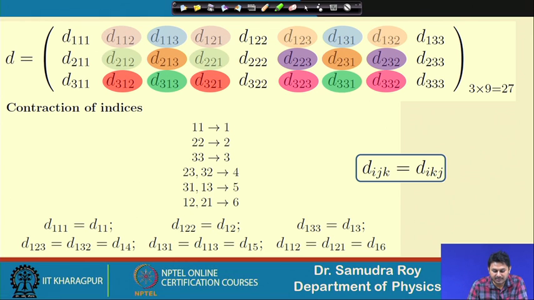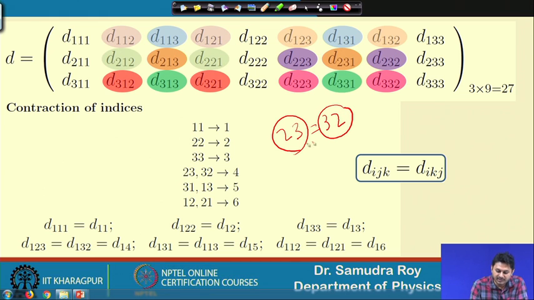Once we have these similar terms, we are not going to write all of them once again, because this is called the contraction of indices. If 2 3 is equal to 3 2, we will not write both every time. Instead, we write a different notation.